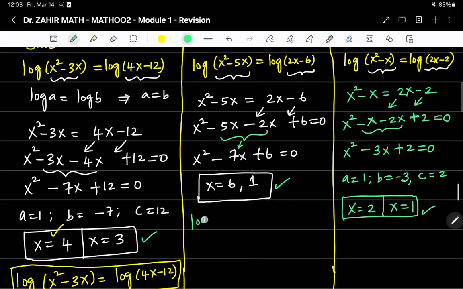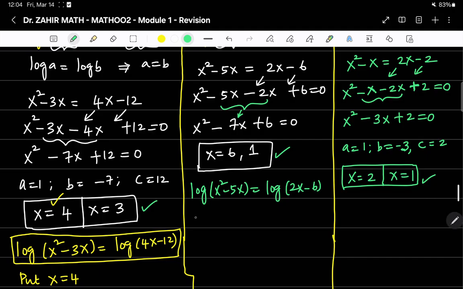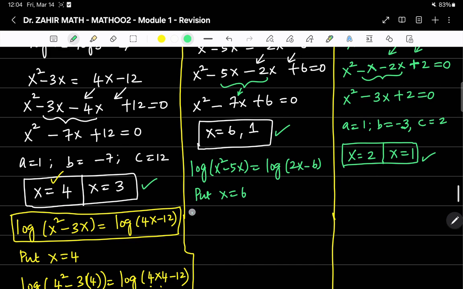So let's go to the next one. The next question is log of x square minus 5x is equal to log of 2x minus 6. Okay, right. So I'm going to put x is equal to 6 now. When I put x is equal to 6, log of 6 square minus 5 into 6 equals log of 2 into 6 minus 6.